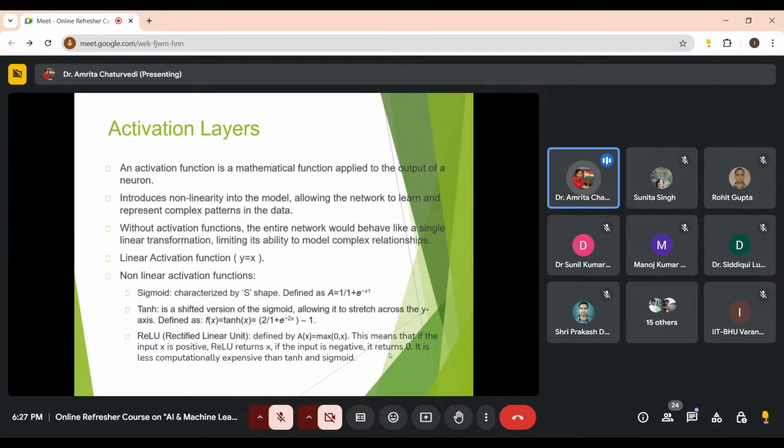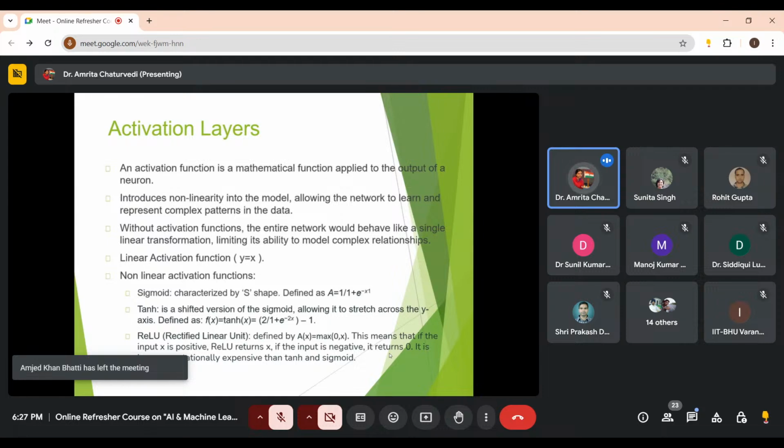Again, it has the same S shape. However, it is a little bit shifted along the x-axis. This is defined as 2 / (1 + e^(-2x)) - 1. Then you have ReLU, that is rectified linear unit. It is defined by A(x) = max(0, x).